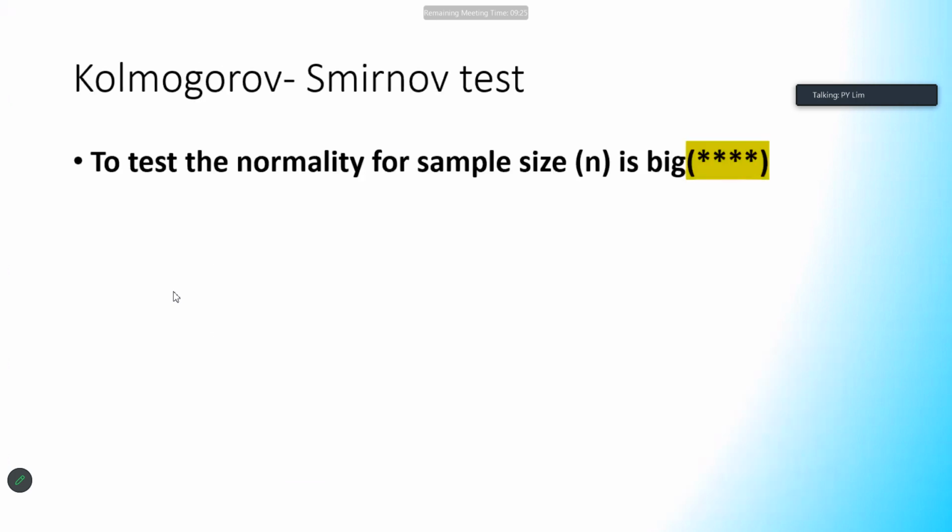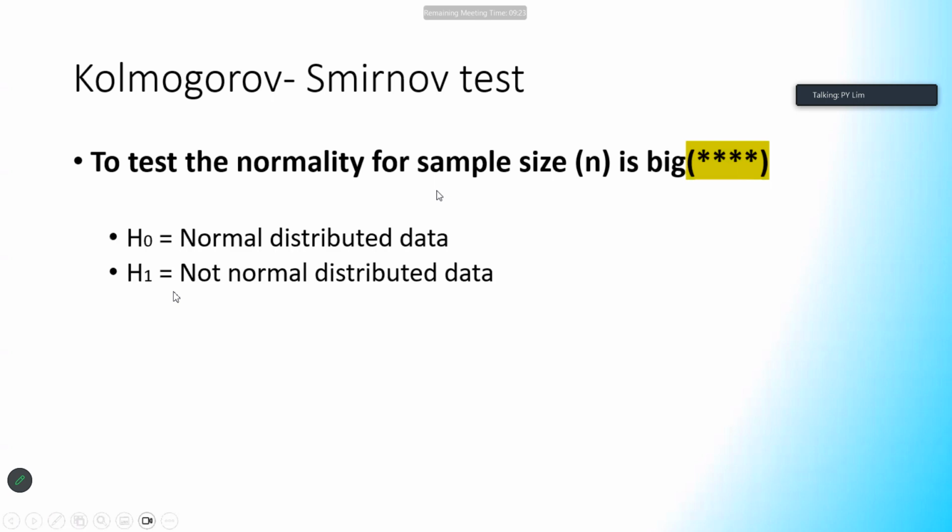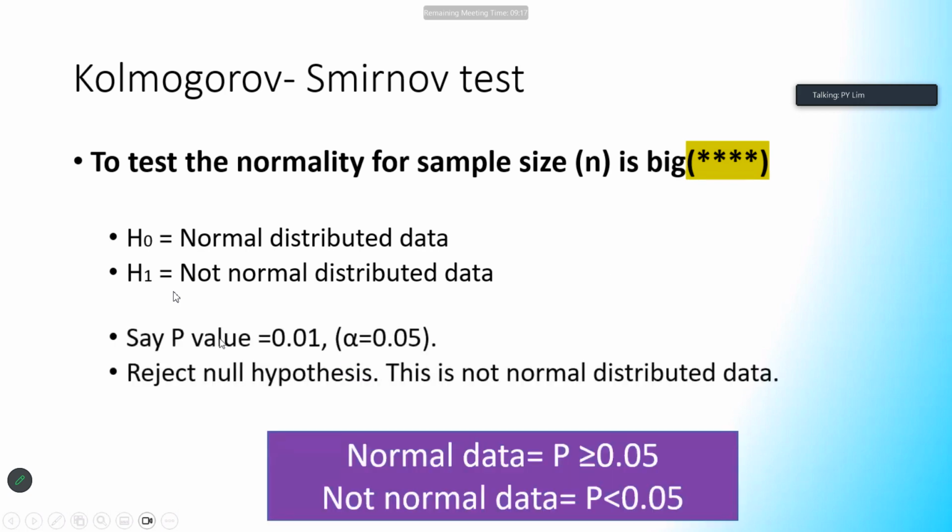Kolmogorov test. This one is simple. It tests normality when the sample size is big. If the p-value is less than 0.05, you will say not normal. We want a p-value more than 0.05, we will say normal data.